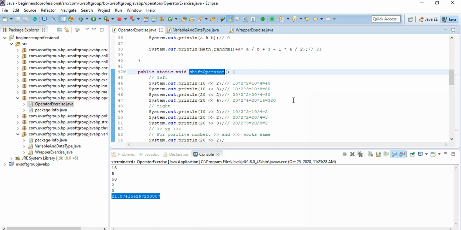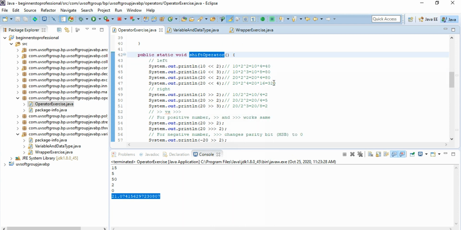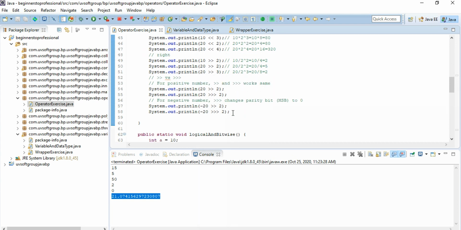So everything is based on base 2 calculations. This is the left shifting operator. The right shifting operator is simply the opposite, like division. The left shifting operator is for multiplying, and the right shifting operator is only for dividing the value by a power of 2.